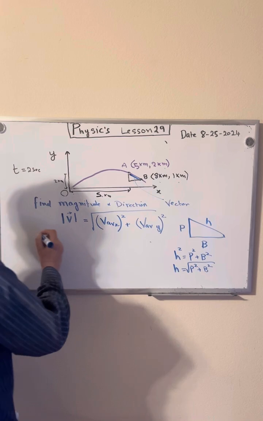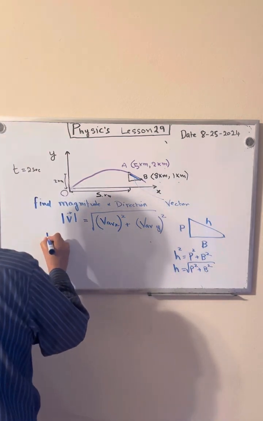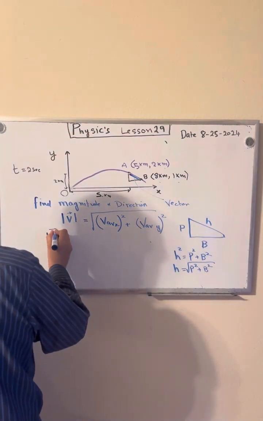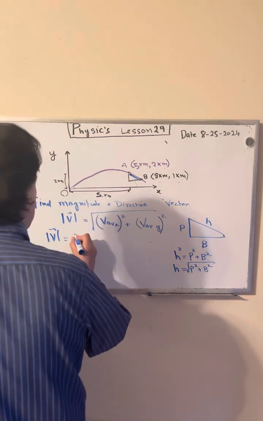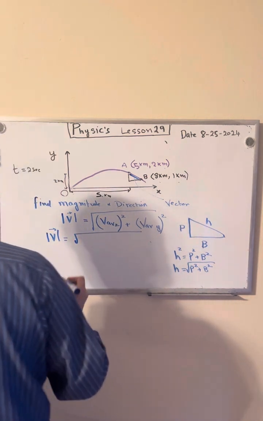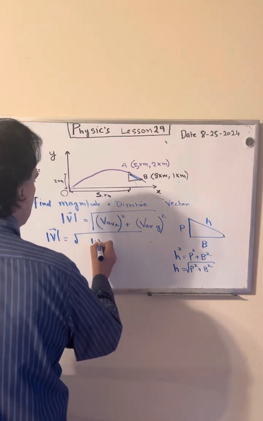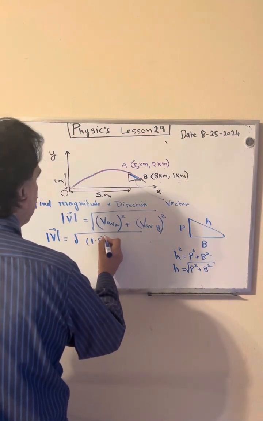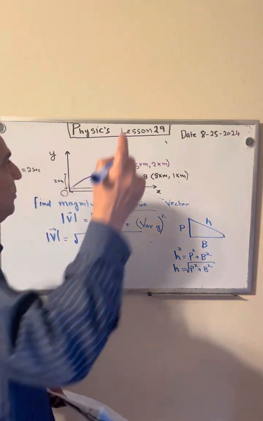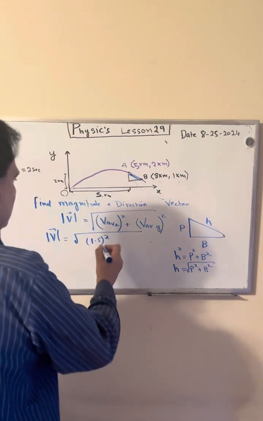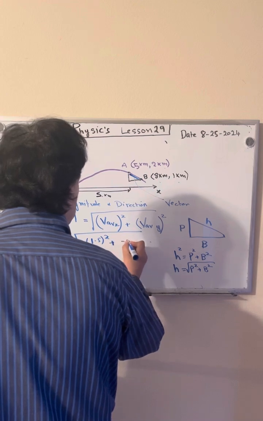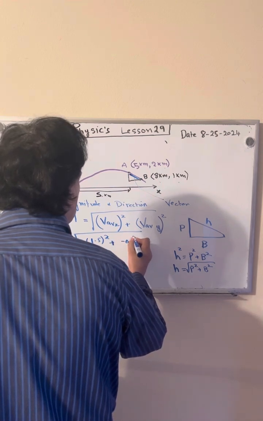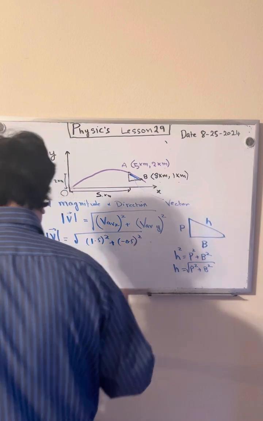So then if we calculate that, plug in the values, what we will see is we will have 1.5 squared, which we calculated in lesson number 28, plus negative 0.5 squared.